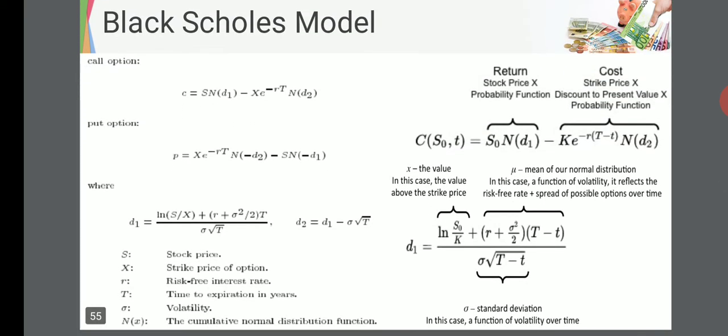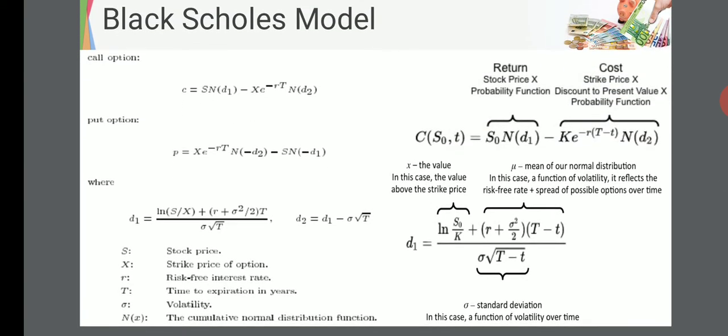Now, here comes the Black-Scholes model. For call option C, C is equal to S N(d1) minus X e^(-rT) N(d2).